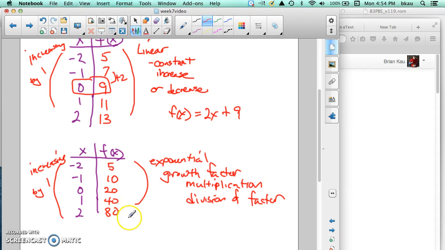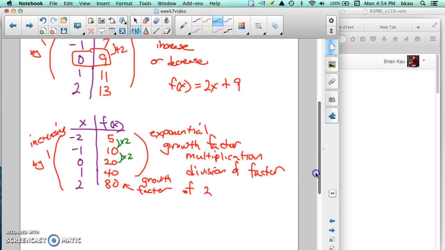So this would have a growth factor of 2, because we're doubling each time. Each time we're multiplying by 2 to get to the next number. Up here we're adding 2 each time, but here we're multiplying.